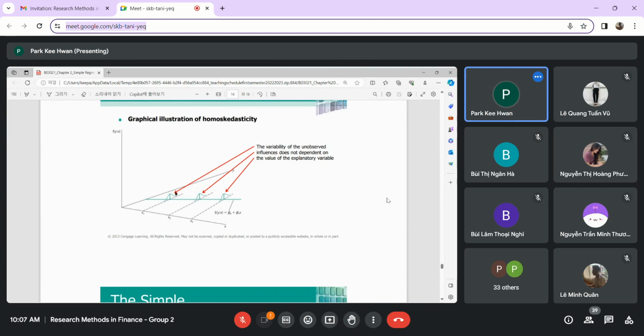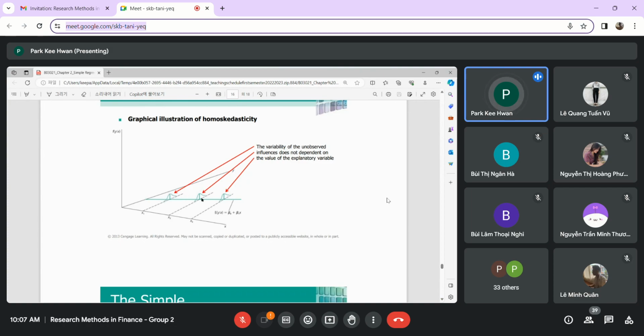How spread out this distribution is, is determined by the variance of the error.